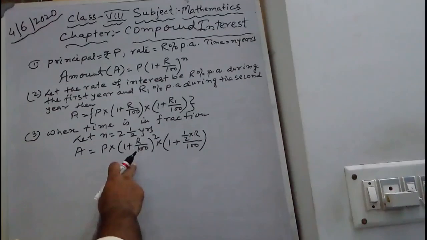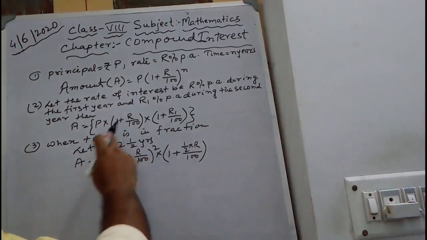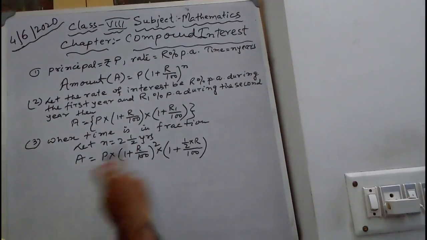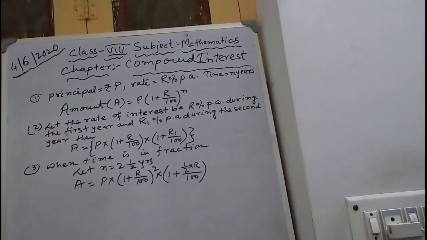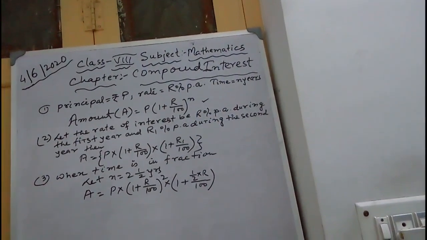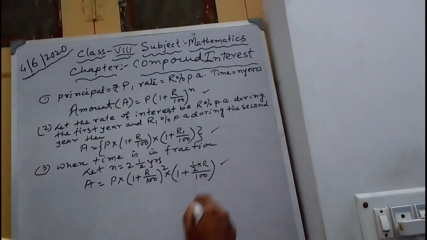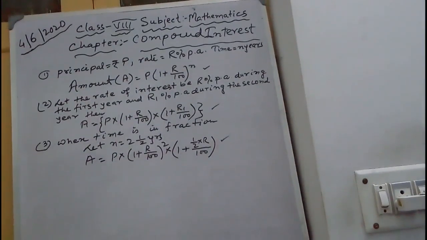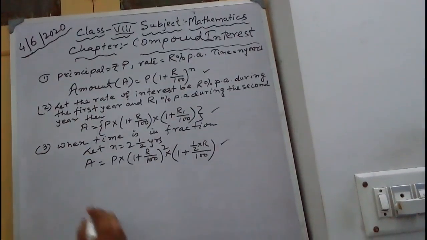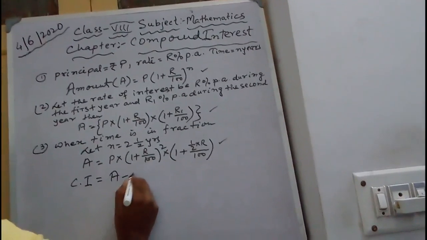In this way, by using that formula, when time is given in fraction, you find the amount. So these are the formulas you can use to find amount in three different situations. At last, compound interest equal to A minus P.